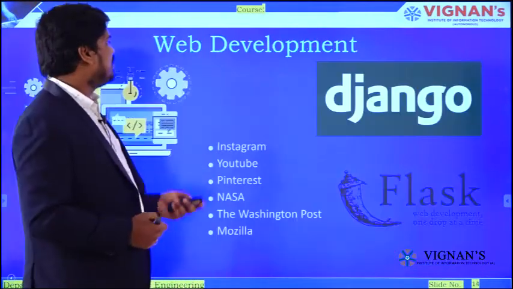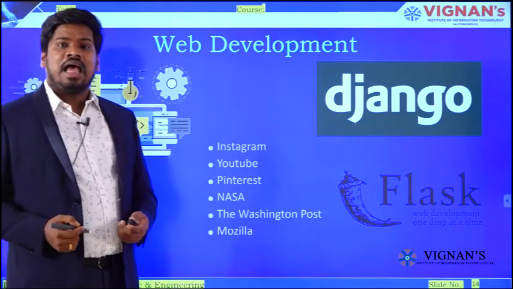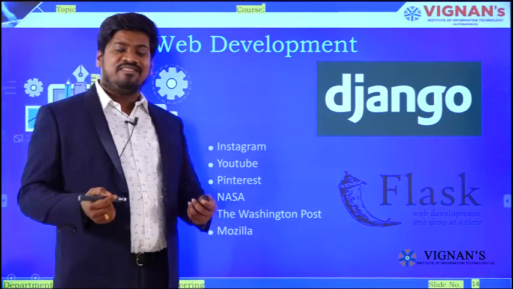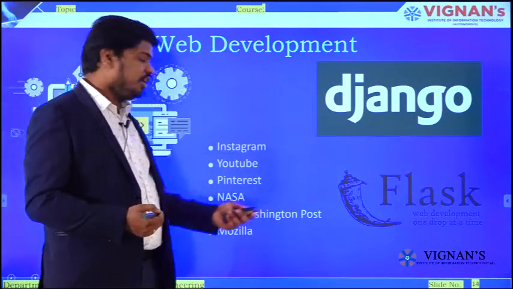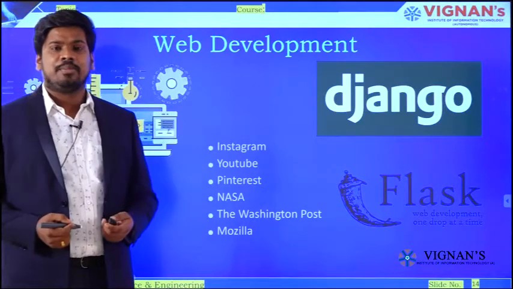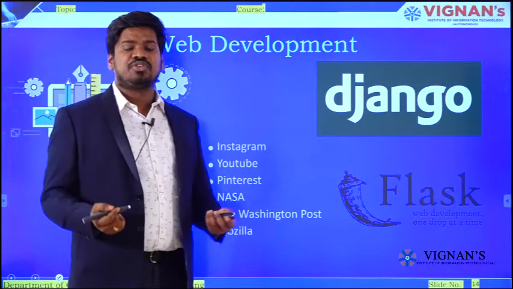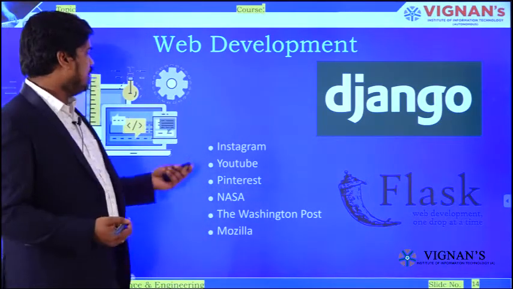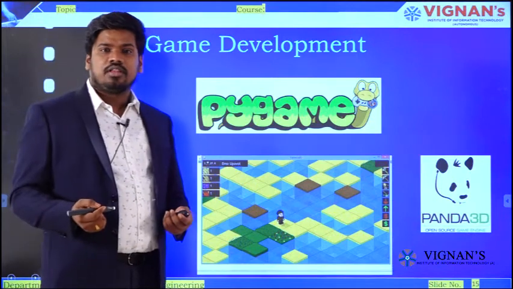And coming to the next one, web development. By using Python, I can happily develop websites, and the frameworks for that are Django and Flask. By using these two frameworks, I can build web applications beautifully. And next, I can happily develop games.